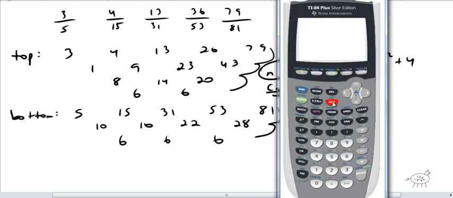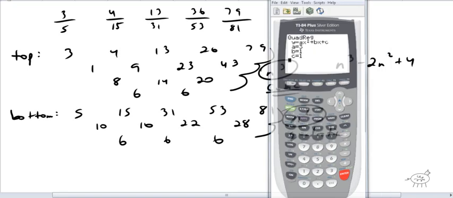Then we're going to hit Stat. We know this is a quadratic, so we do Stat, Calculate, Quadratic, which is 5, hit Enter, and those gave us nice numbers. So it's 3x squared plus x plus 1.